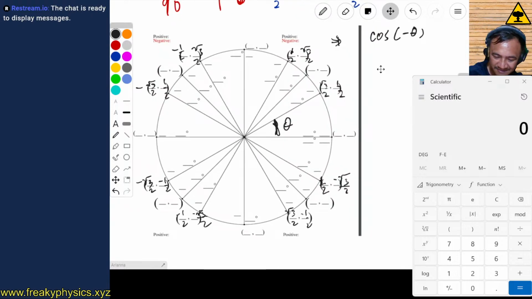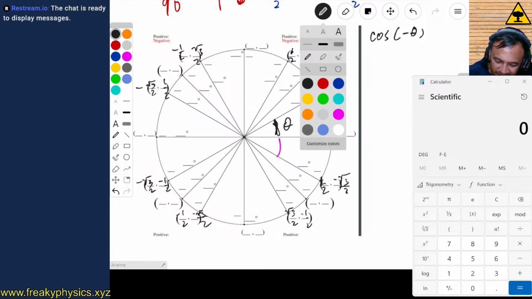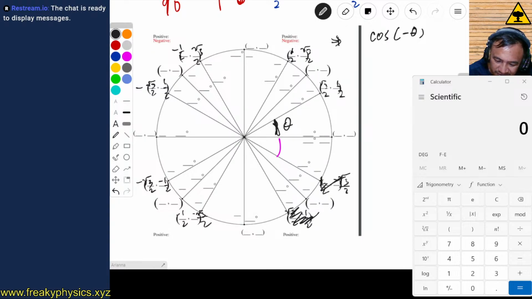I think I may have written this wrong. I'll just rewrite that. It should be the other way: square root of 3 over 2, negative 1 half, 1 half, square root of 3 over 2 negative.